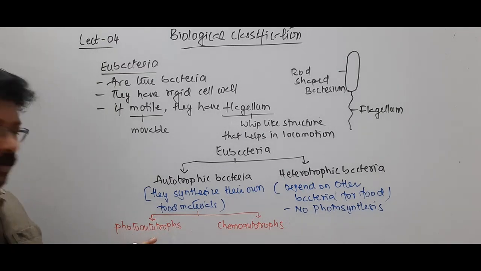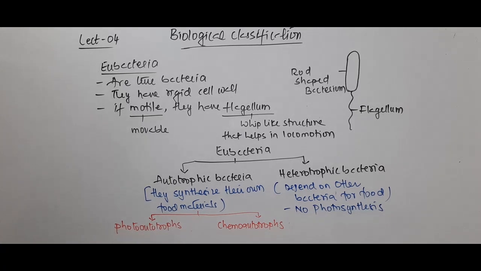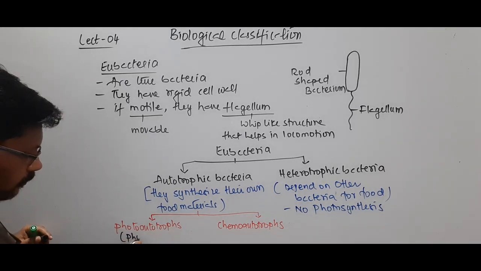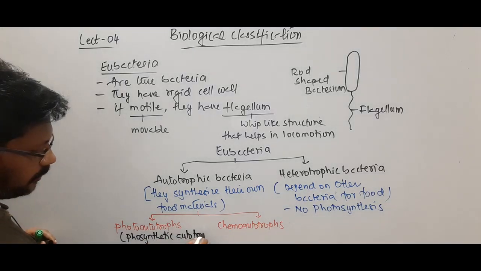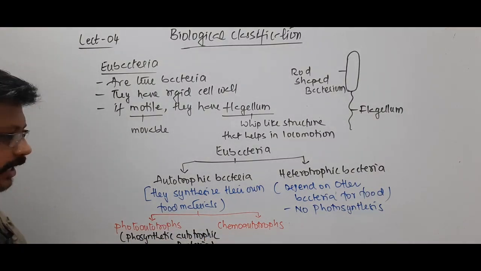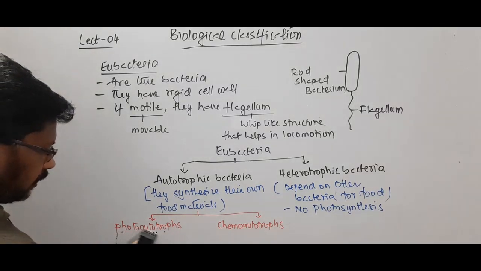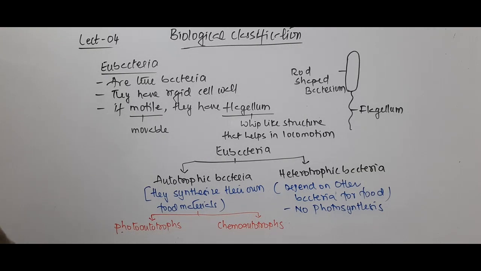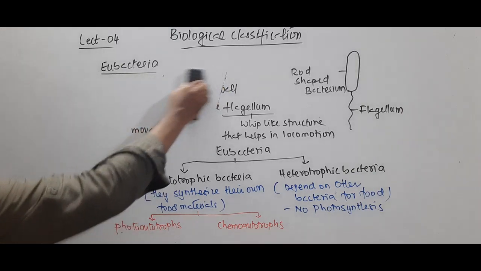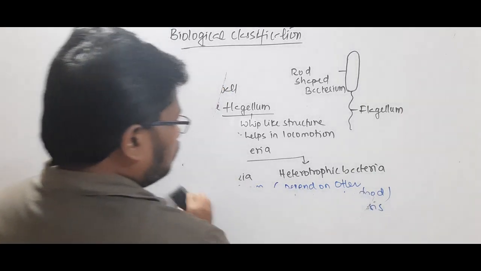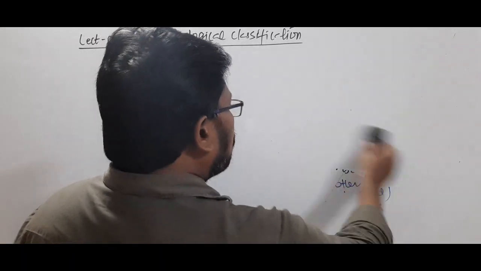You can also call them photosynthetic autotrophic bacteria, and in a similar way chemosynthetic autotrophic bacteria. Anyway, I think it's not being covered, so I'll just remove it. So photosynthetic autotrophic and chemosynthetic autotrophic bacteria. Now let's see, under these eubacteria, first photosynthetic autotrophic bacteria.